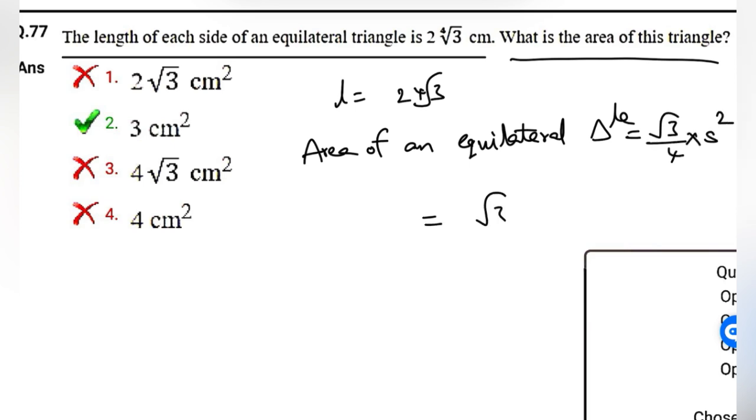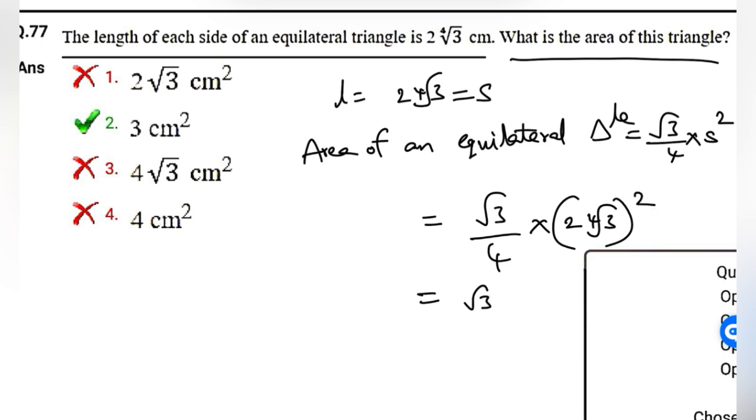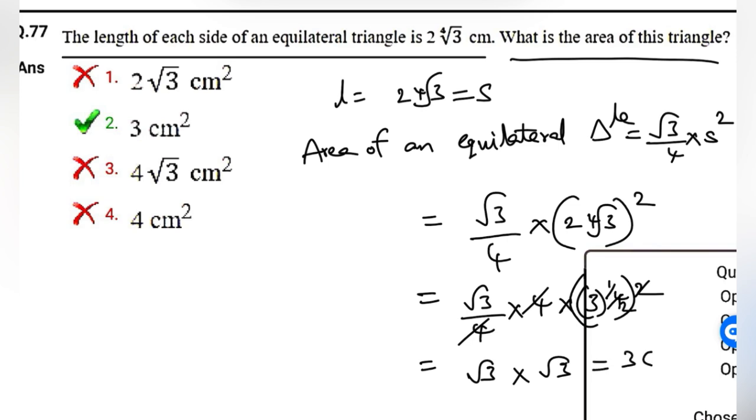Here length is equal to side, so root 3 by 4 into 2 into 4th root 3 whole square, that is equal to root 3 by 4 into 4 into 3 power 1 by 4 whole power 2, which is equal to root 3 into root 3, that is equal to 3 centimeter square.